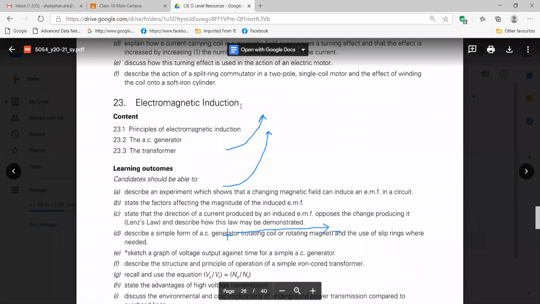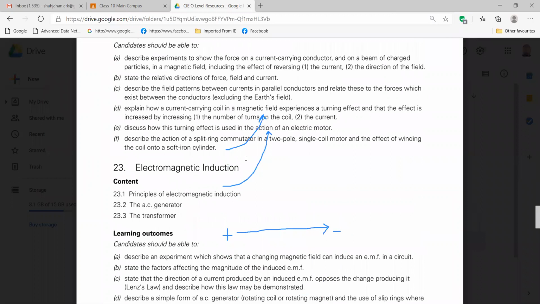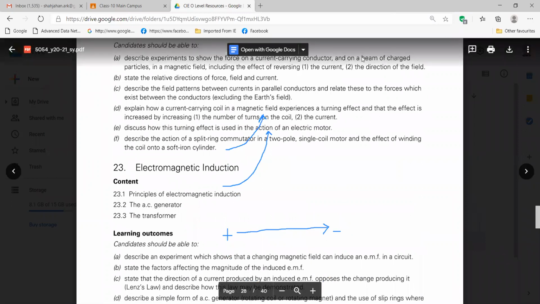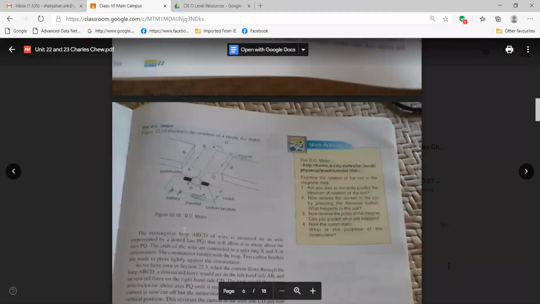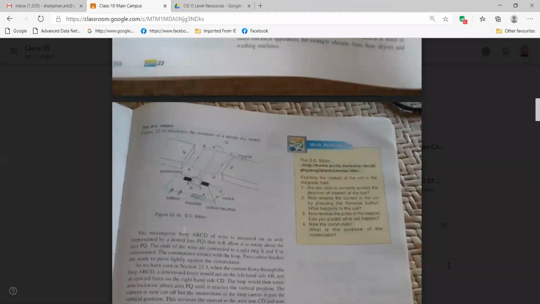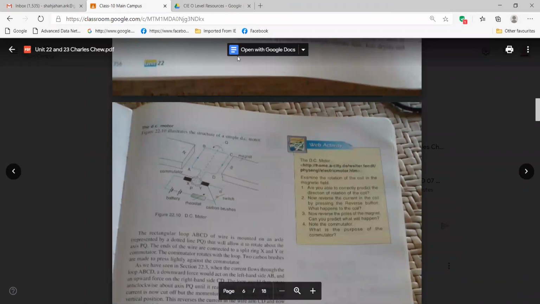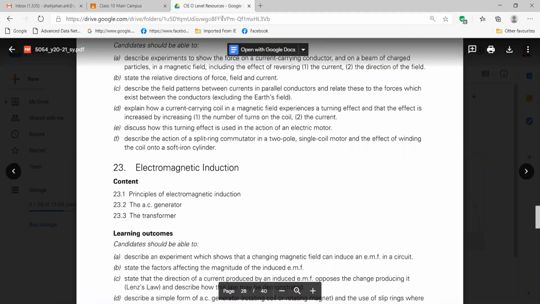We have here our learning outcomes. We did till part E. Now we'll do F, learning outcome F, diagram.